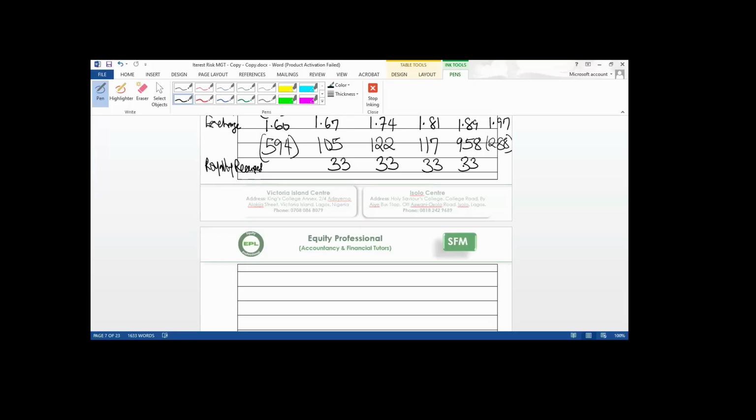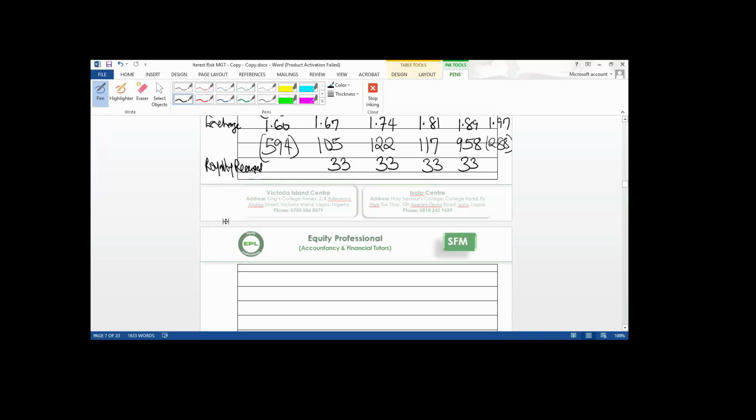Other income has been taxed. 105, 122, those have been taxed. But that 33 million, no withholding tax is levied on it.